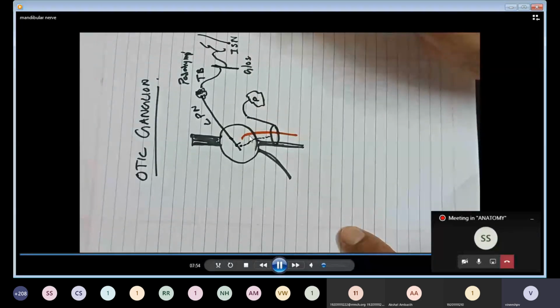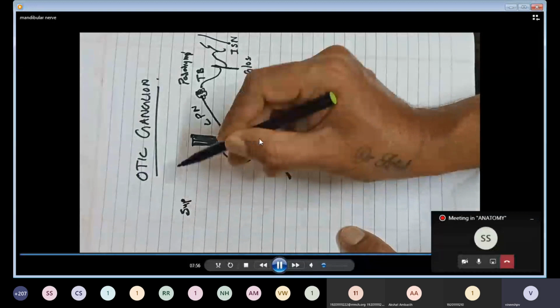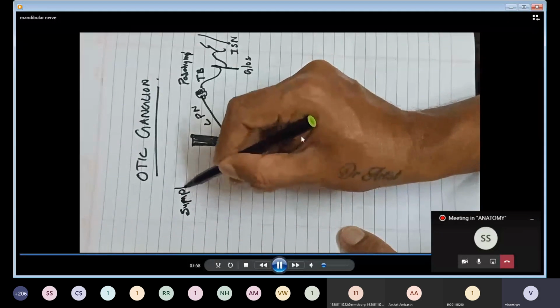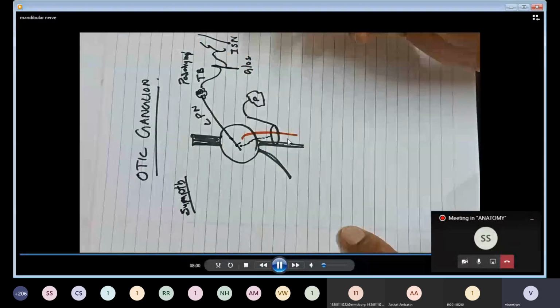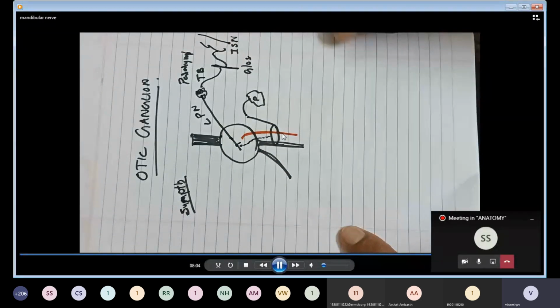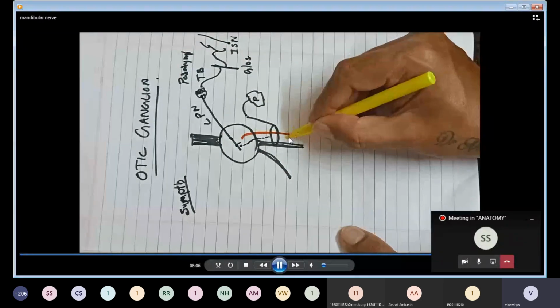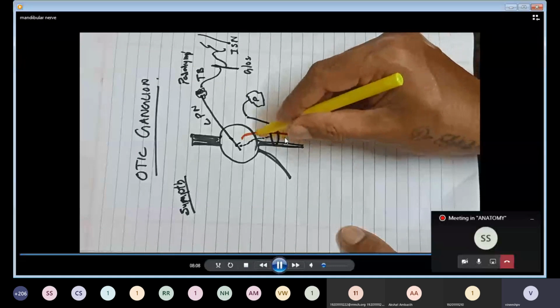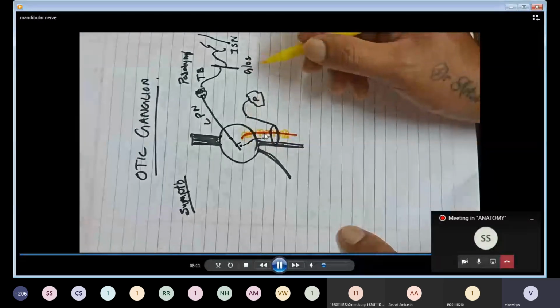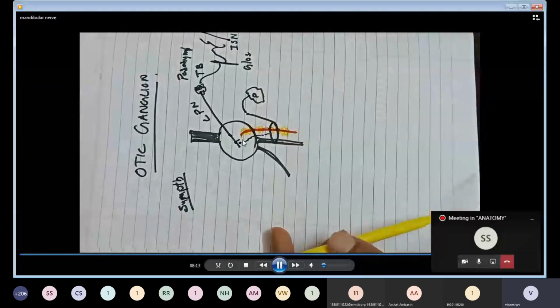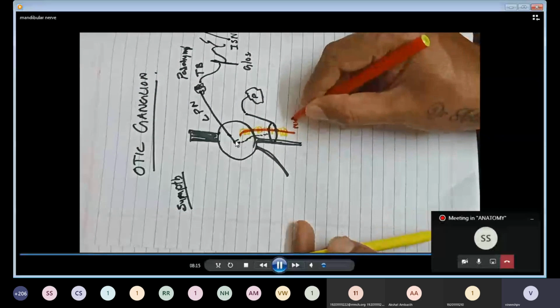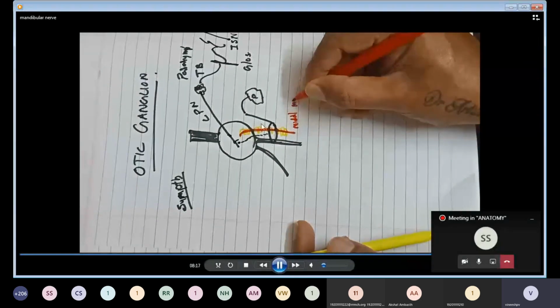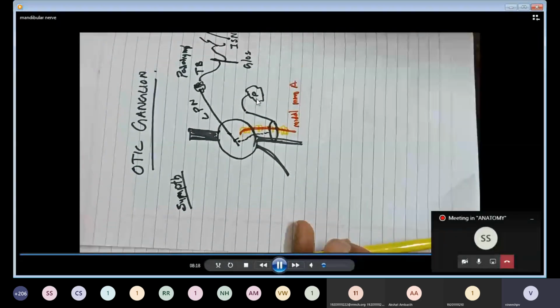Clear? Now, next is the sympathetic root. It is the plexus surrounding the middle meningeal artery, and it comes from the superior cervical ganglion. So you just draw a plexus surrounding the middle meningeal artery. Here there is no relay. It passes continuously through the auriculotemporal nerve and supplies the parotid gland.